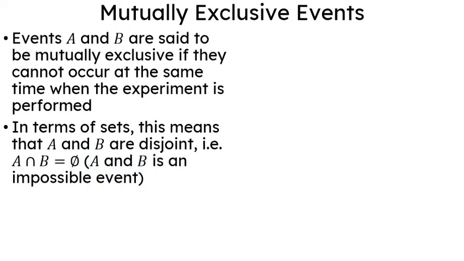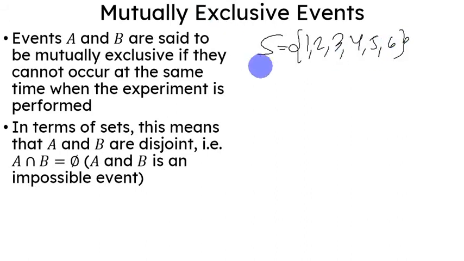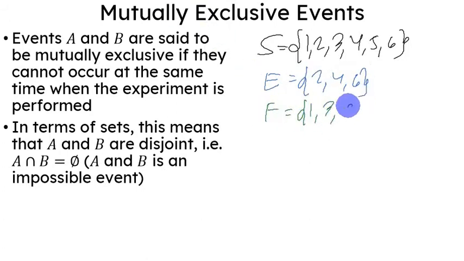So, writing here what we had a while ago, given the sample space of throwing a fair die, 1, 2, 3, 4, 5, 6, event E is all the even numbers, so that's 2, 4, 6, and event F is 1, 3, 5.